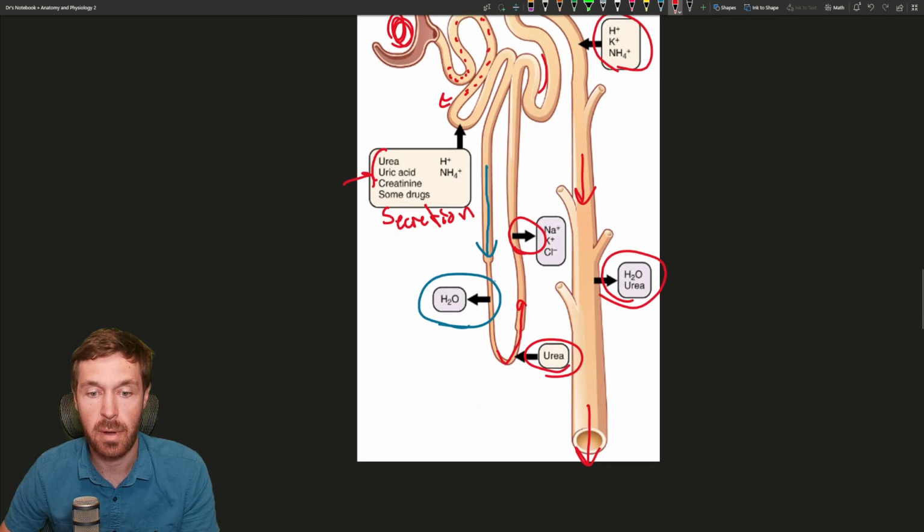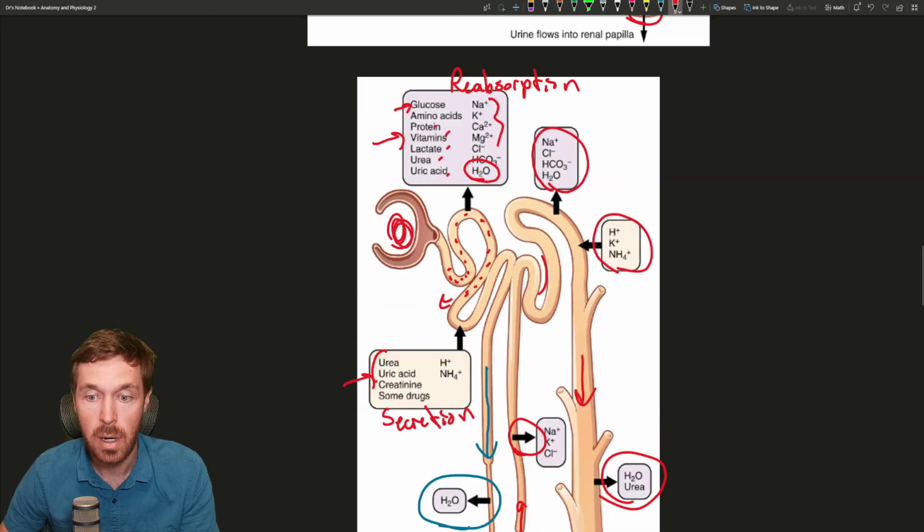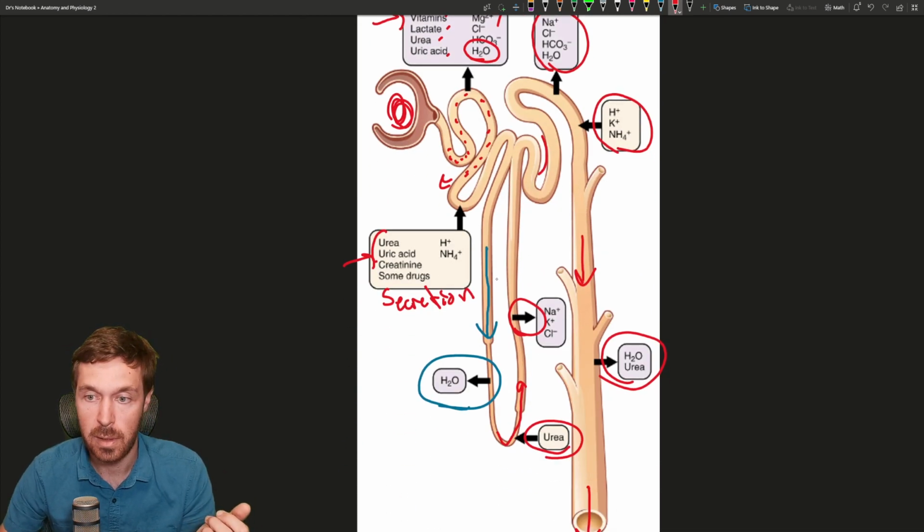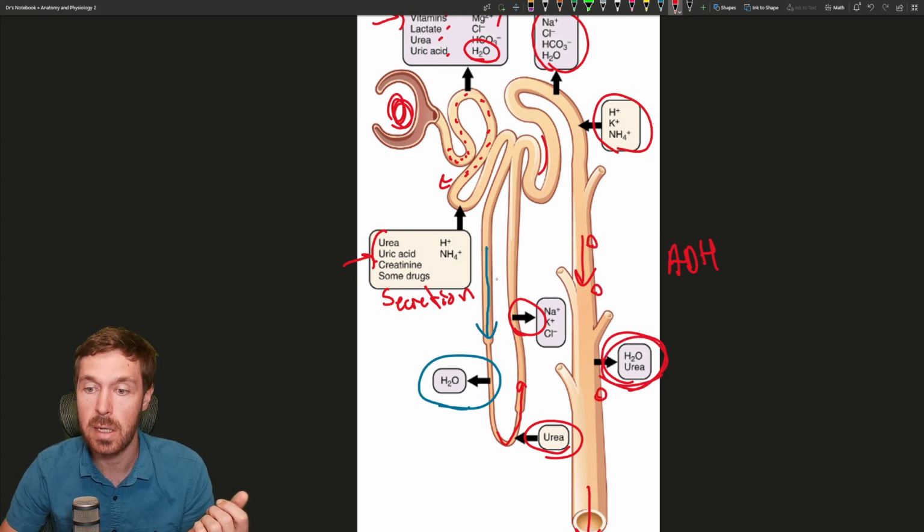Different hormones can also have effects on the kidneys too. So we talked about antidiuretic hormone. Antidiuretic hormone actually puts aquaporins into this collecting duct to increase reabsorption of water. Aldosterone, the renin-angiotensin-aldosterone pathway, adds sodium channels to different parts here.